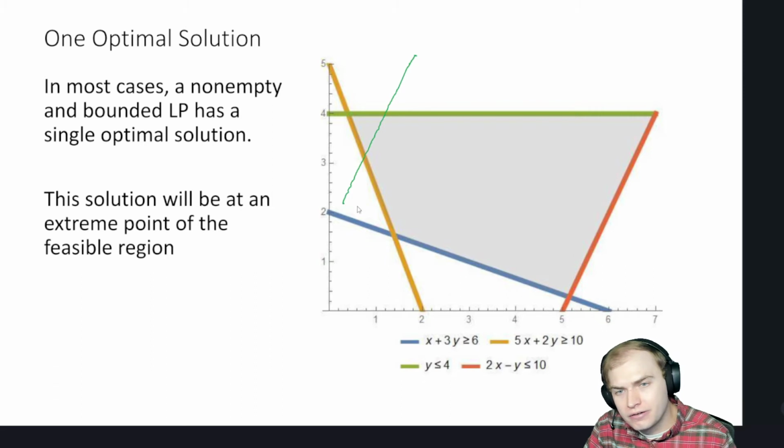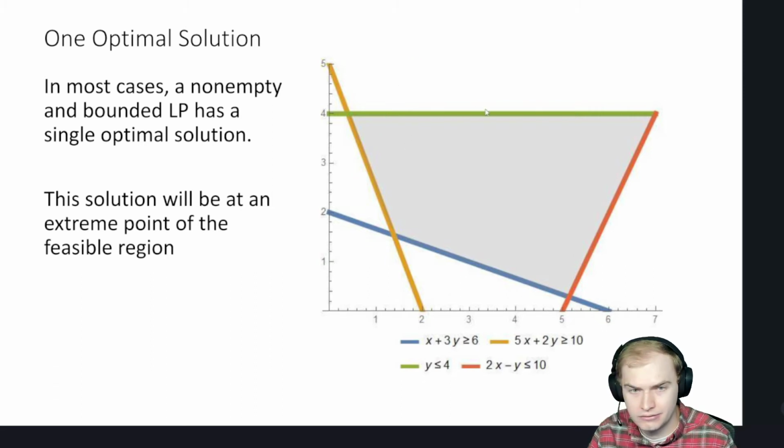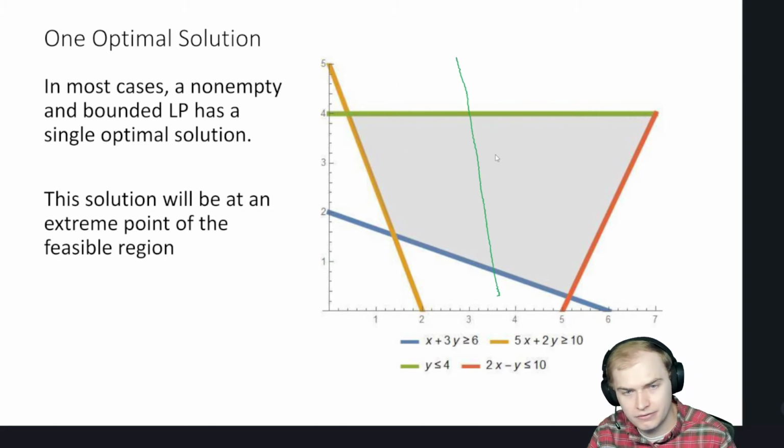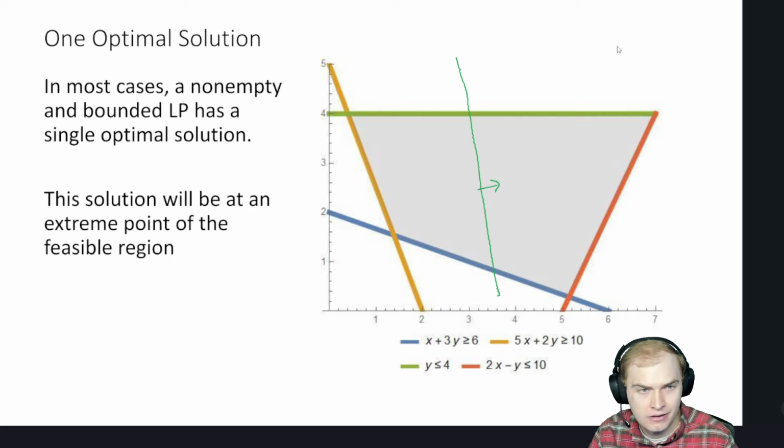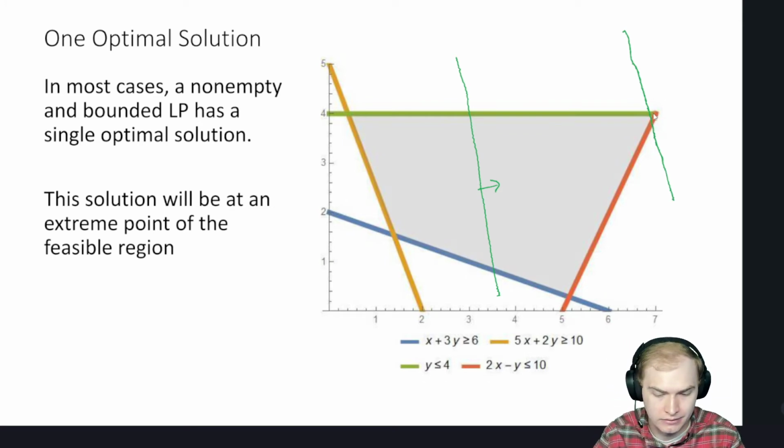So if we have an objective with a gradient, the largest level curve, level set, will intersect at an extreme point. Right? And that will be our optimal solution.